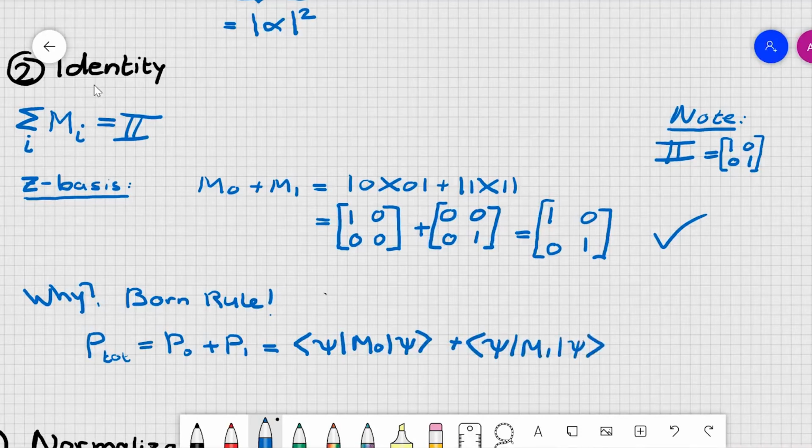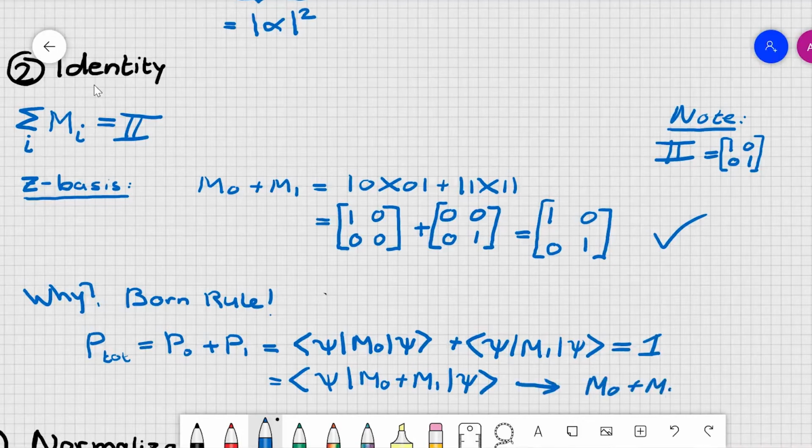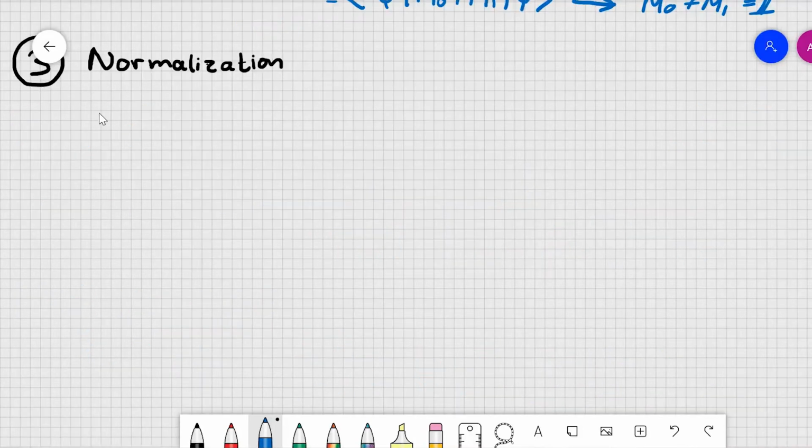Now we can group M0 and M1 together inside the sandwich. And noticing that this total probability should be 1, we can see that M0 plus M1 should be the identity matrix.